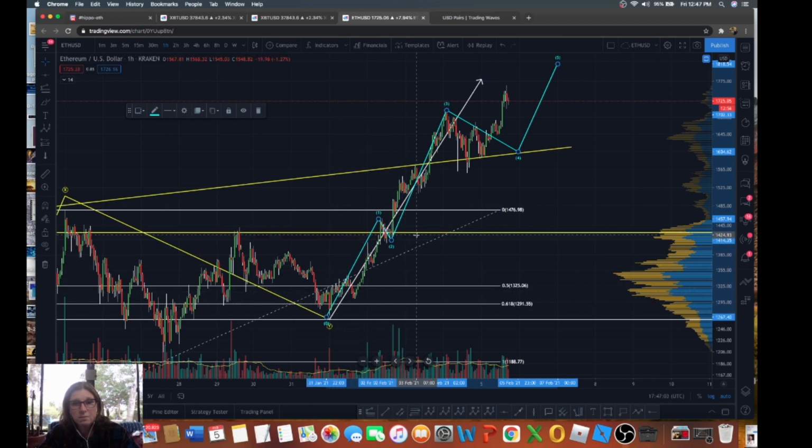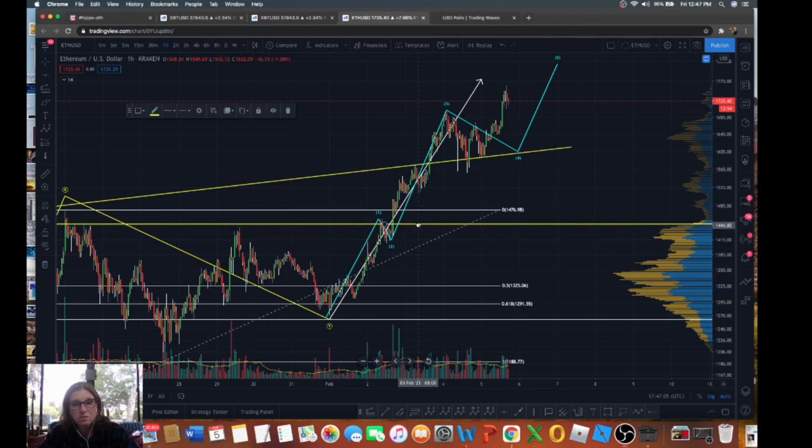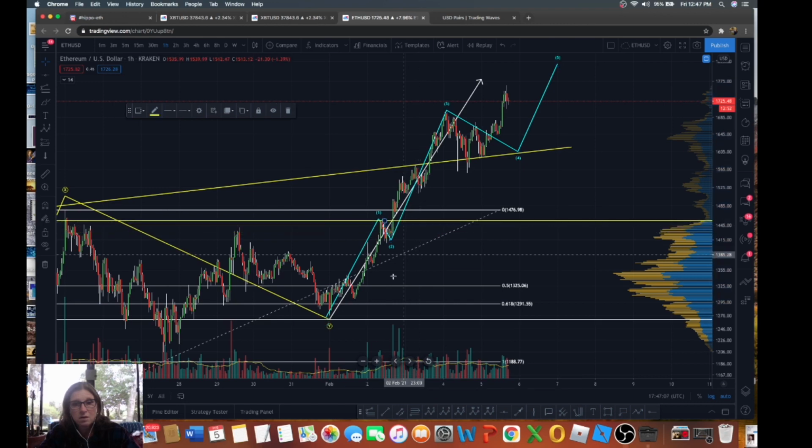We cannot come back into this level right here. I don't want to see us come back into this, the farthest I want to see us come is into this fourth wave territory.